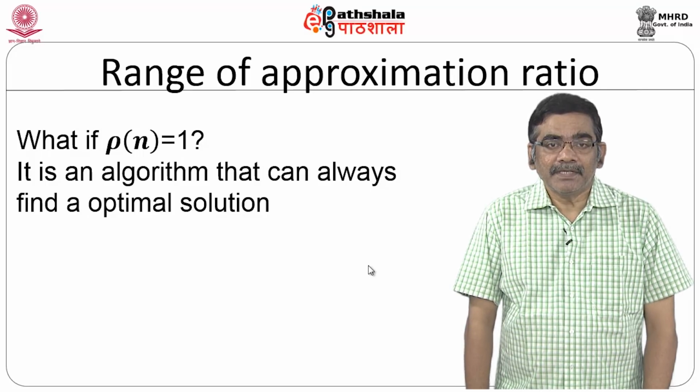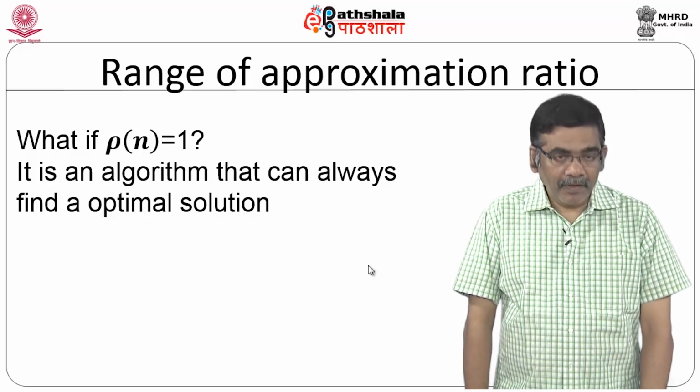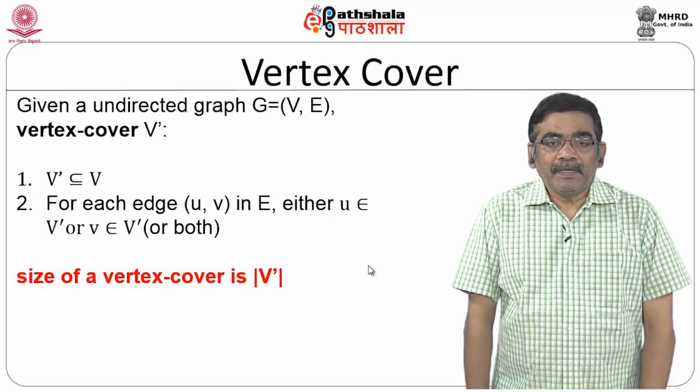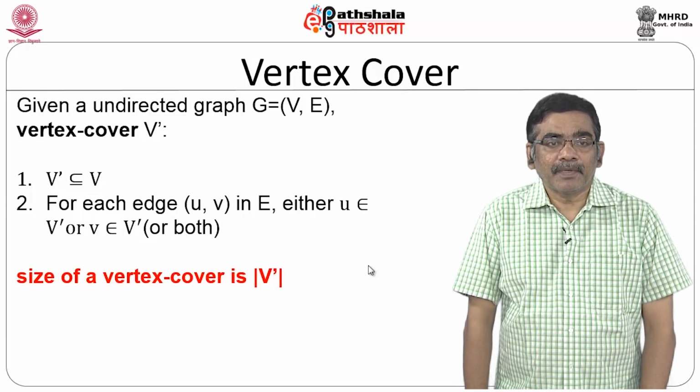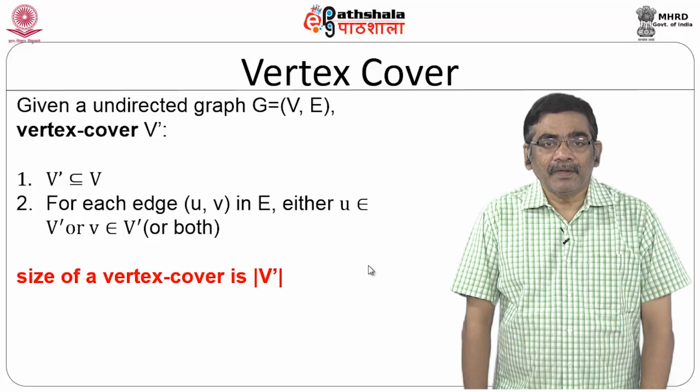In other words, this algorithm can find the solution within the range of rho of n. Using this principle, we can discuss the approximation algorithms, and we will take some examples. Then we will try to solve these problems using the approximation approach.